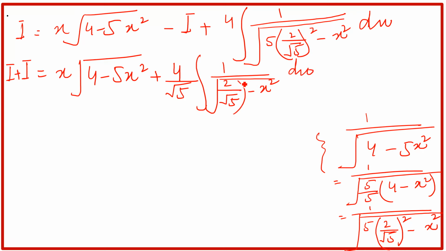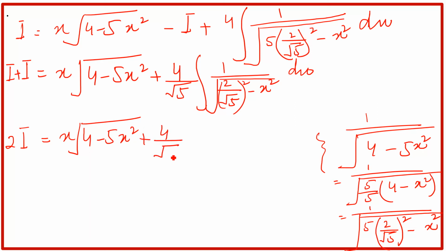This is a square, constant, minus x square, algebraic function, which is equal to sine inverse x over a. Right, so here it is 2I equals x into under root 4 minus 5x square plus 4 divided by under root 5, and this one equals sine inverse x over a. So we have x here. If suppose we have y or whatever, in the general formula we have sine inverse x over a.